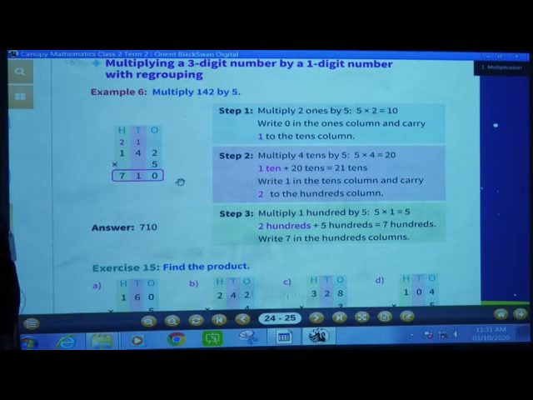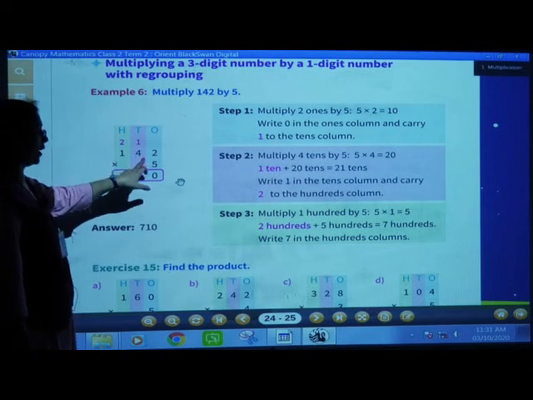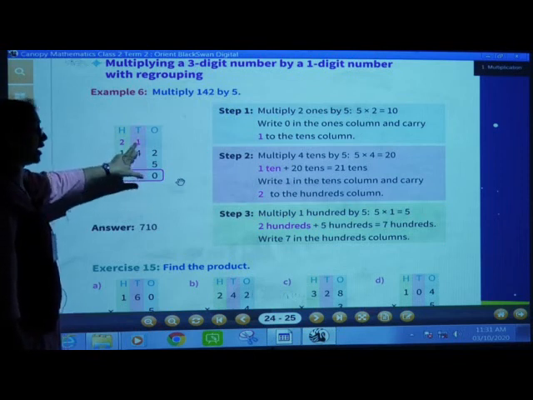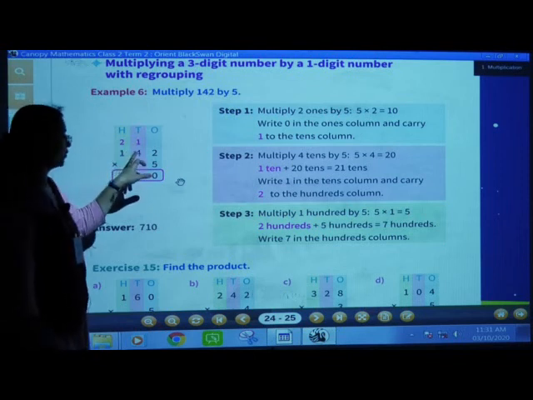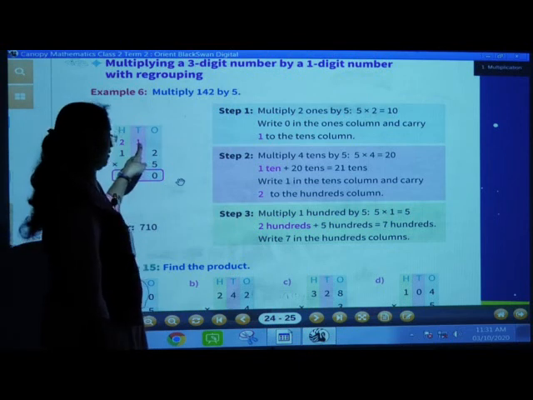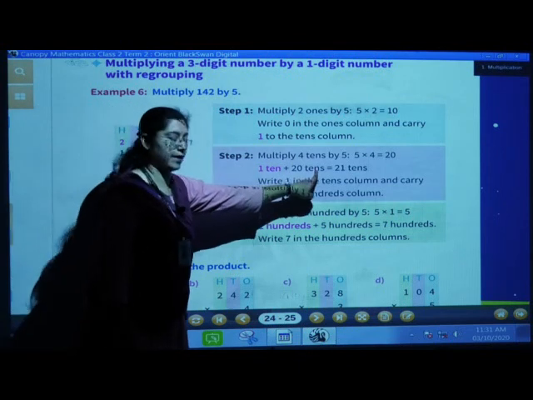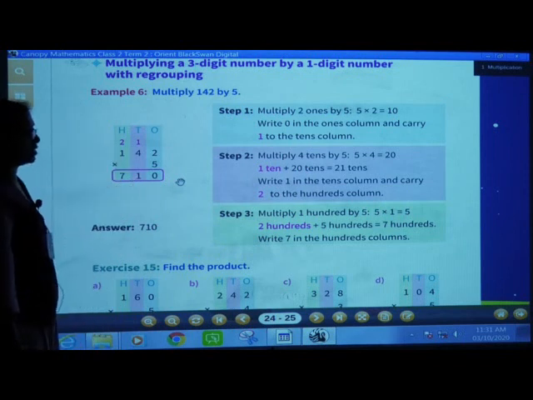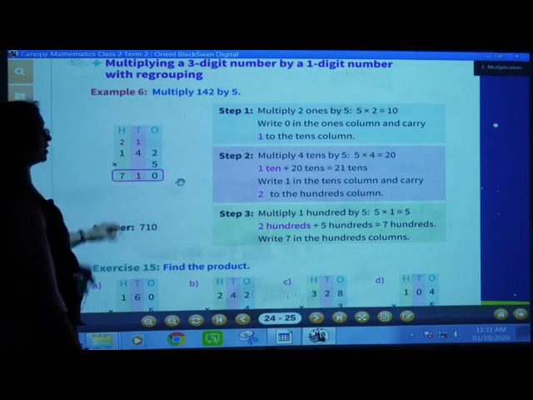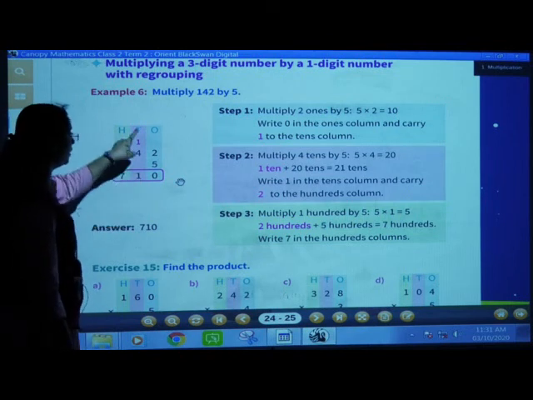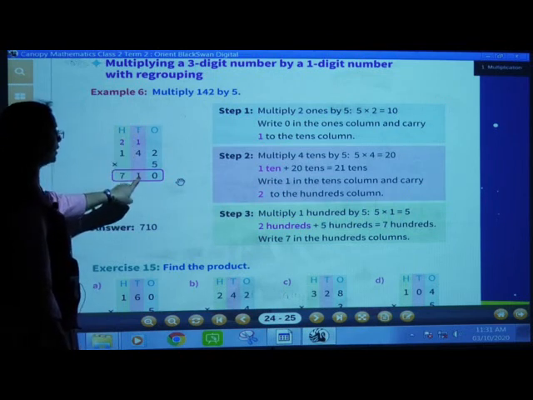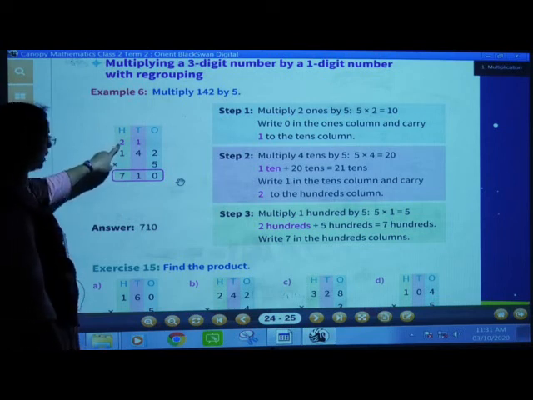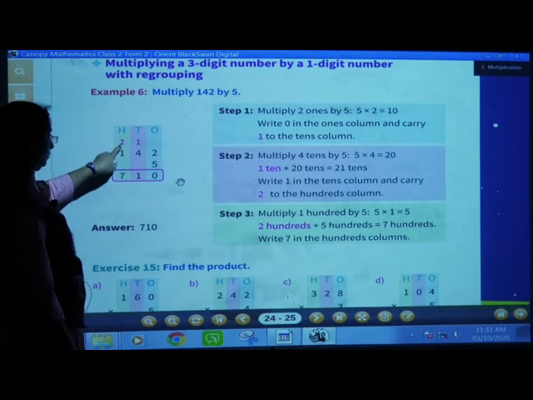Correct. 5 fours are 20. 20 means we have to add this 1 ten, so 1 ten plus 20 tens is equal to 21 tens. Means 21 tens, we have to write 1 in the tens column and carry 2 to the hundreds column. Okay, 2 will be the carry.